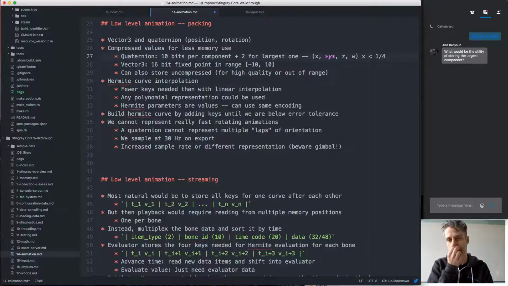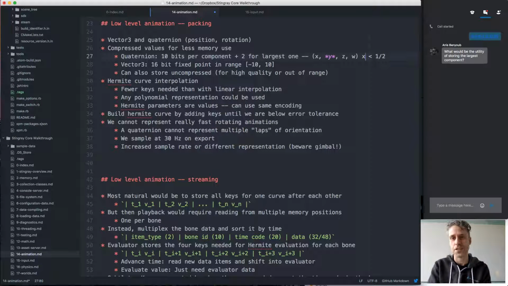I think I might have miscalculated this. I think it might be the square root of this instead. I'm not going to try to figure this out while I'm talking.